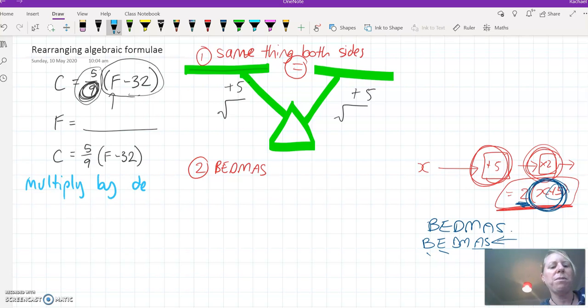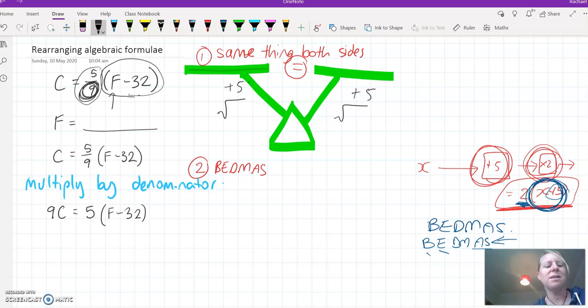So multiply both sides by the denominator. In this case, we're going to multiply both sides by 9. So we end up with 9c equals 5 times f minus 32. We multiplied by 9 on both sides. That got rid of the divided by 9 on the right-hand side, and we've done the multiplying by 9 on the left-hand side to get 9c.